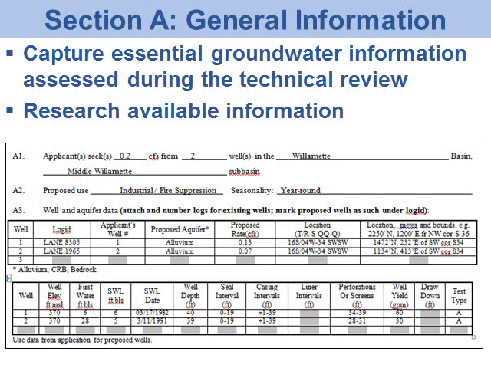So first of all, Section A, the general information section. Again, we want to capture the essential groundwater information that is assessed during the technical review. So we want to essentially take all the pertinent information from the application and put it in one place, and that way it's clear what we are reviewing.